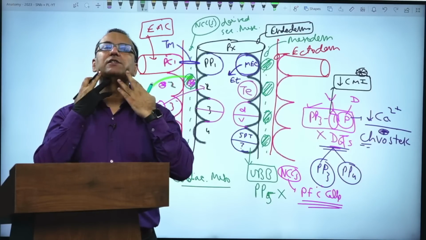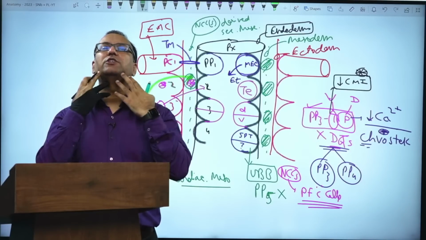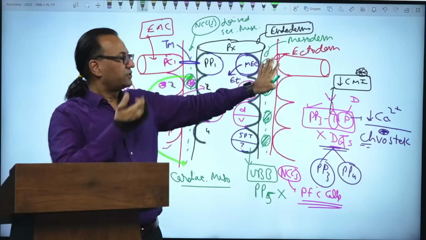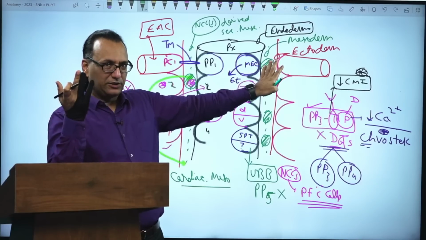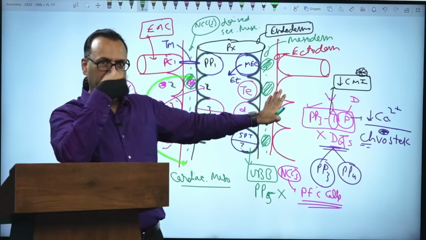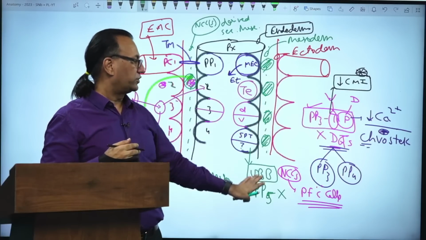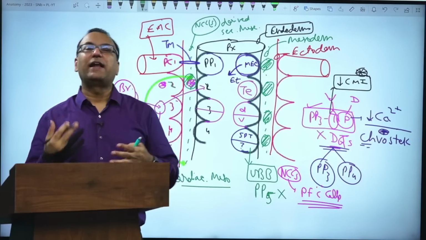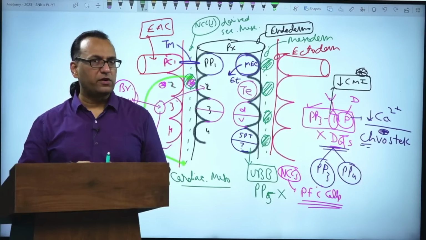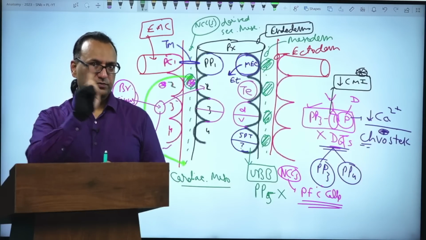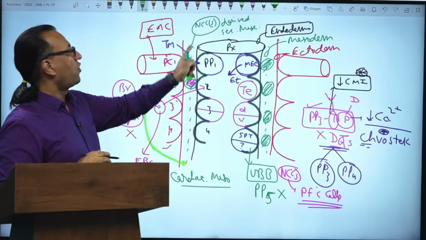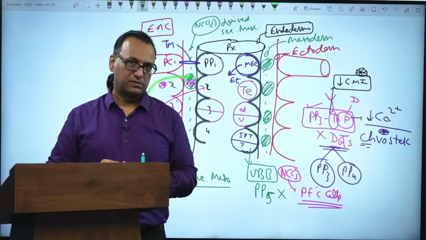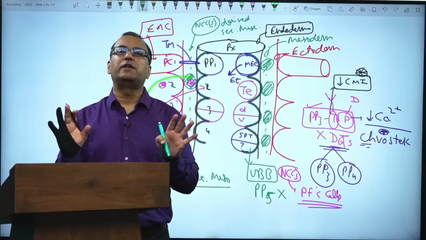What about the muscles developing in the arches? Muscles of the first arch are for mastication, muscles of the second arch for facial expression, and muscles of the third, fourth and sixth arches for palate, pharynx and larynx. Do they come from neural crest cells? Neural crest cells do not form skeletal muscles.